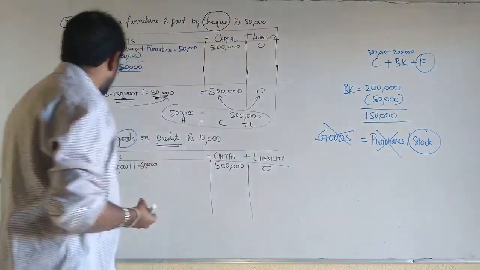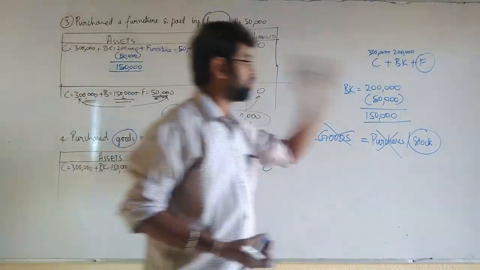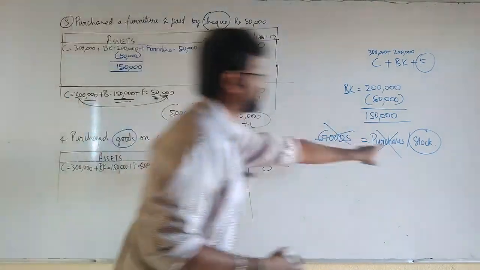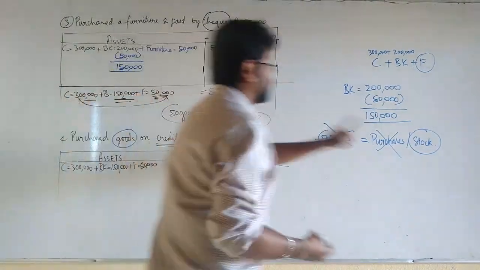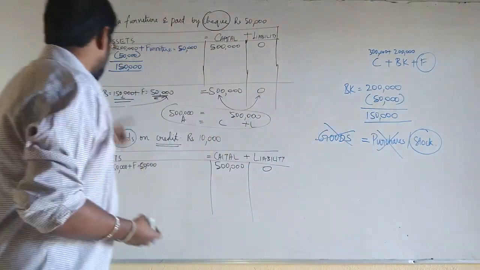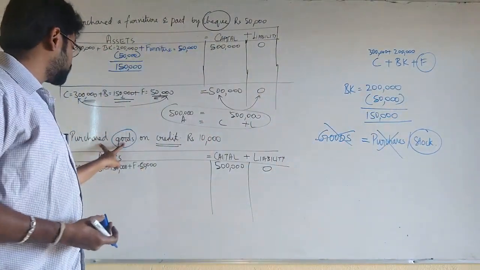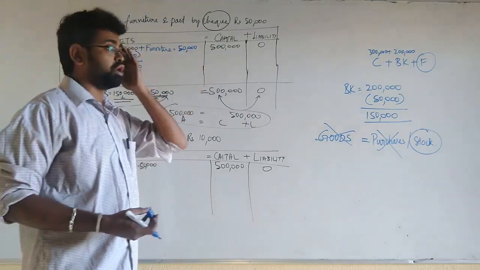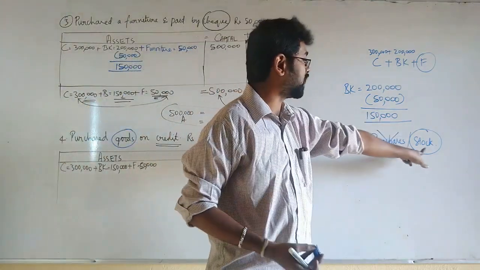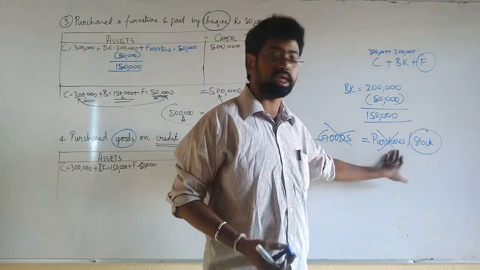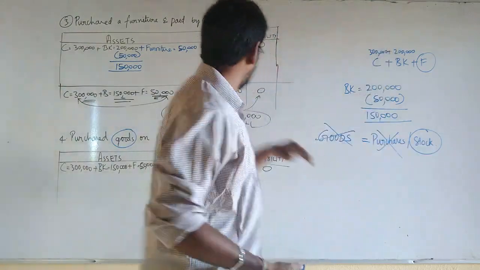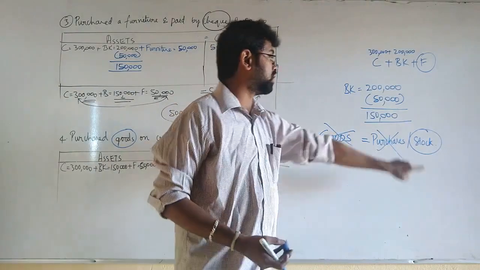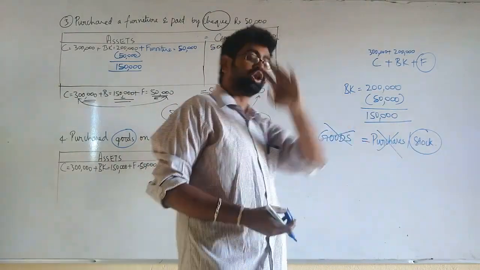Purchase goods is equal to stock. Whenever you see these two words together, as soon as purchase goods comes in the question, your mind should always go to these two words. One is purchases, the other one is stock. And in these kinds of questions, the word purchases will also not be used. You have to use only the word stock.